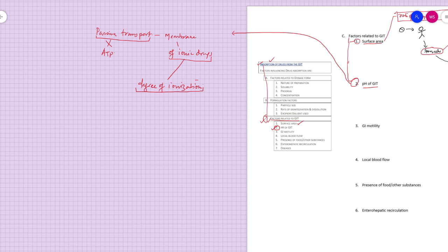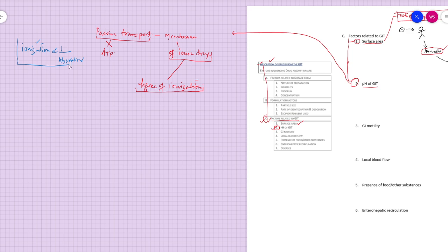So let's write it down as a rule of thumb. Ionization is inversely proportional to absorption. So the more a drug is ionized, the less it is absorbed.